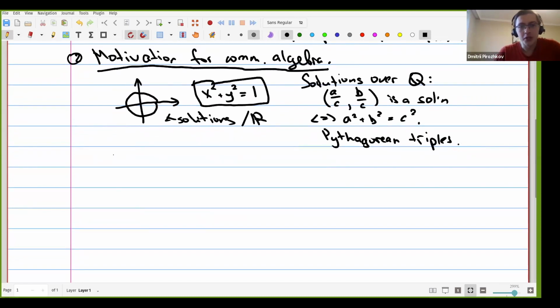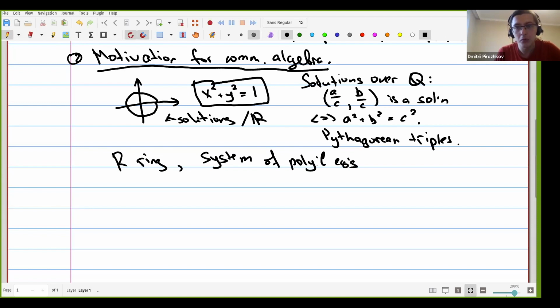So what can we do along this idea? Well, we can start with a ring R and take a system of polynomial equations with some set of variables x_i, where i goes through some set.